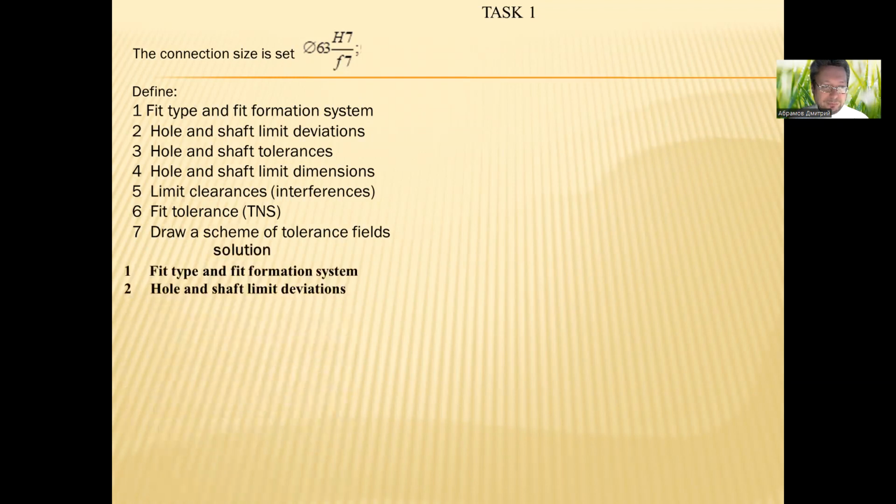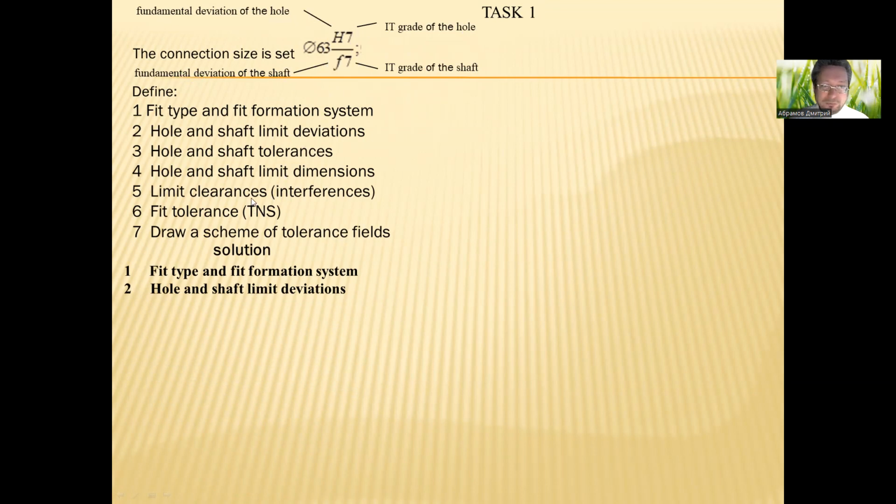And solution. First, fit type and fit formation system, hole and shaft limit deviations. You can see here the fundamental deviation of the hole, it's H, IT grade of the hole 7. Fundamental deviation of the shaft, small f, IT grade of the shaft 7.